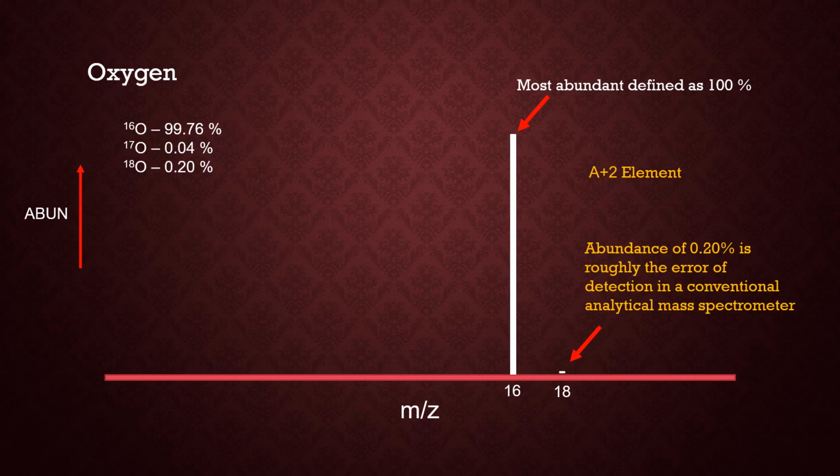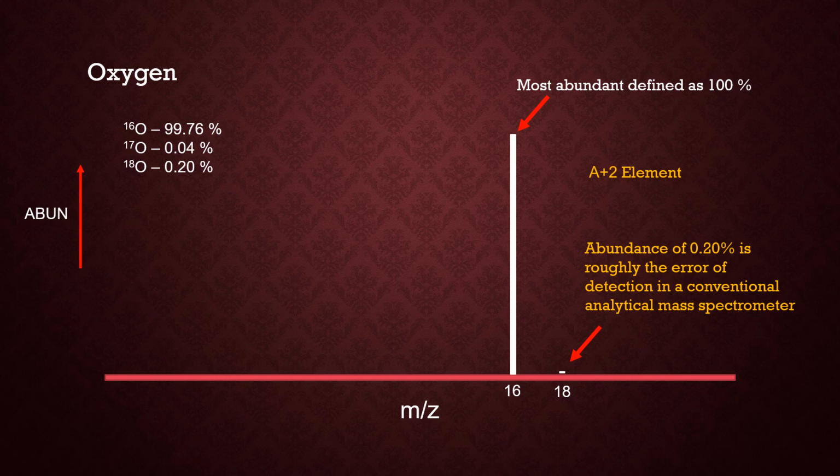We now look at oxygen. We see the most abundant peak is at m/z 16. We see a small peak with a relative abundance of 0.2% at m/z 18. We don't see oxygen-17 in this particular case.